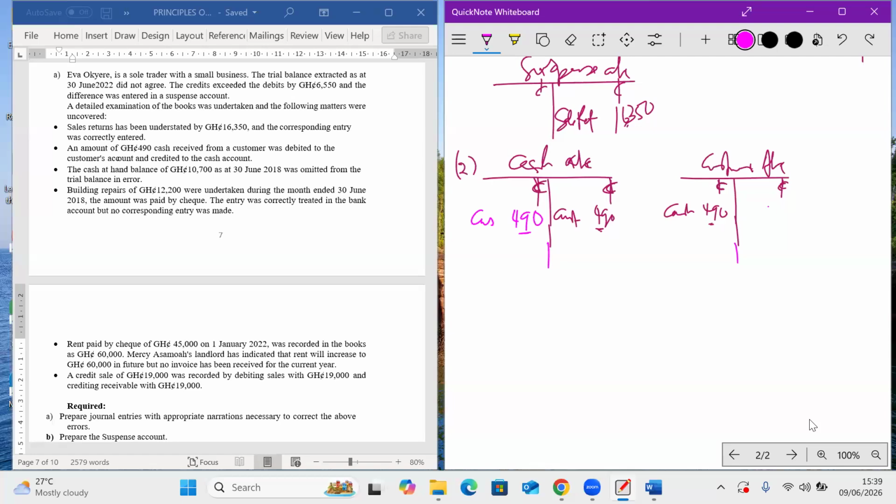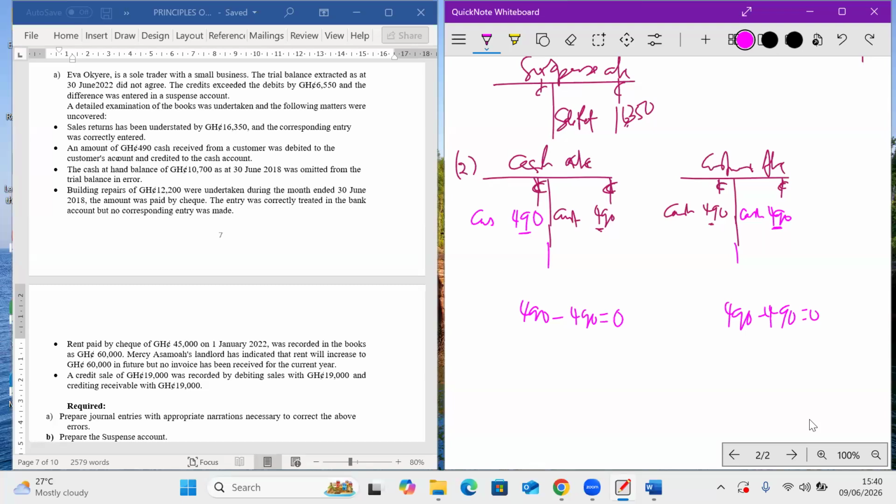Credit 490, right? Where will this 490 be going to? Cash. But watch, we have 490 here minus 490 there. What would the account become? Zero. Have you corrected the error?